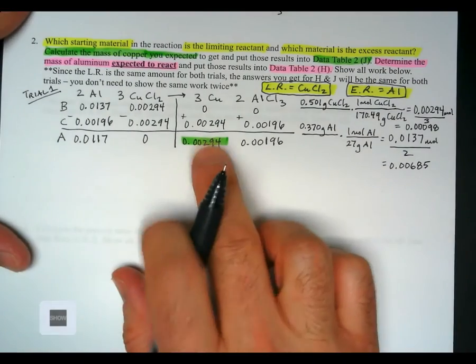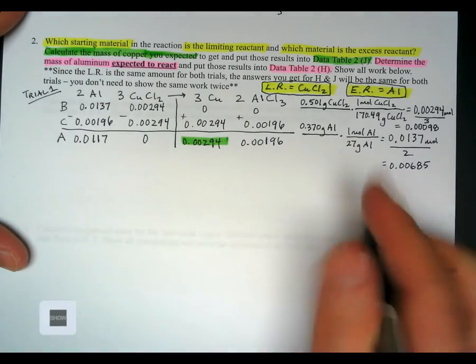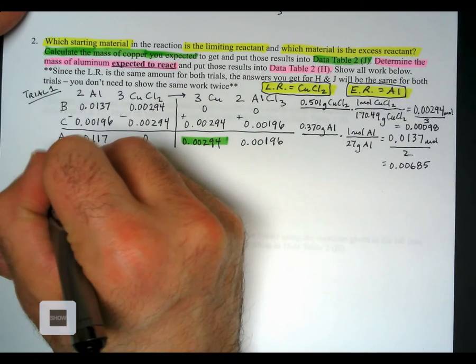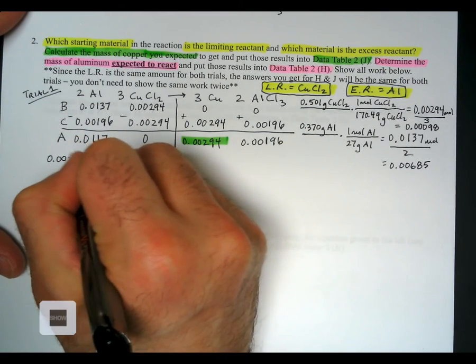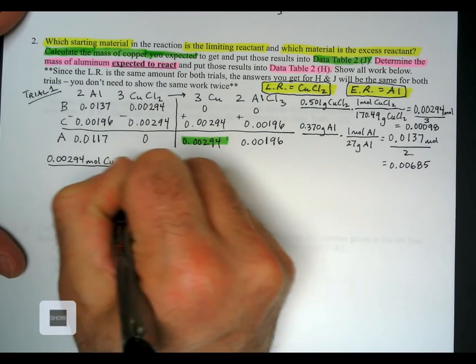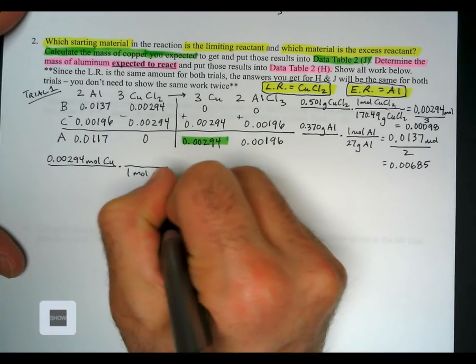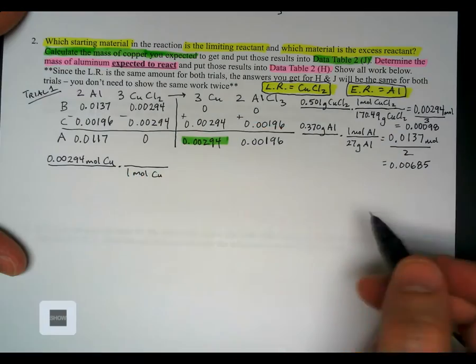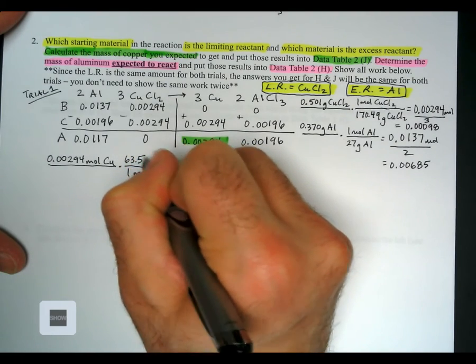So whatever number is in this spot for you, under the copper in the A row, you're going to start with that number, and that is moles of copper, and you are going to convert from moles of copper into grams. Copper is 63.5 for the molar mass.